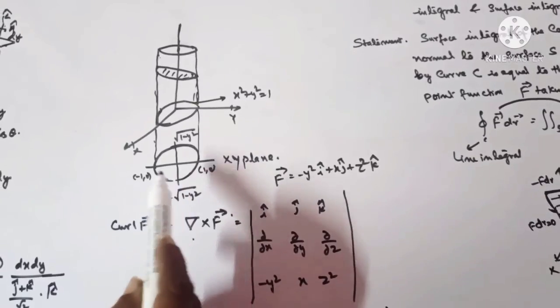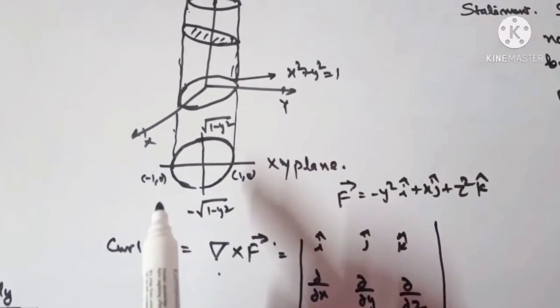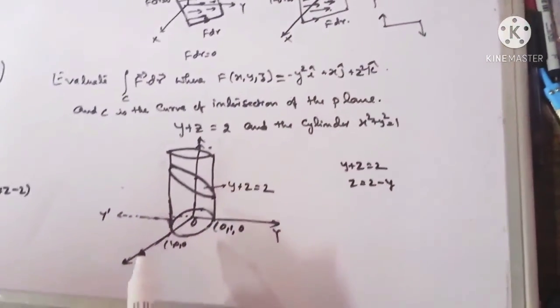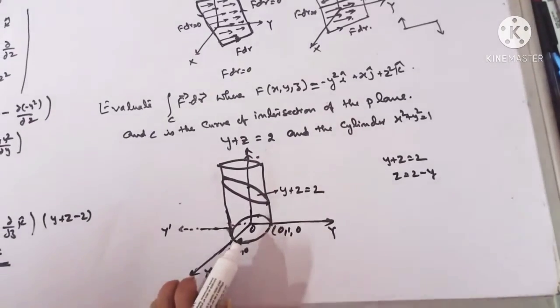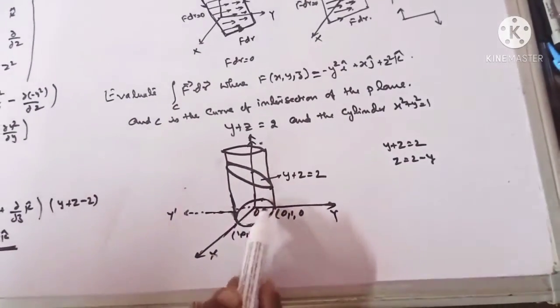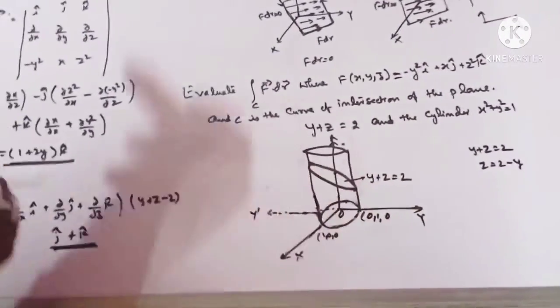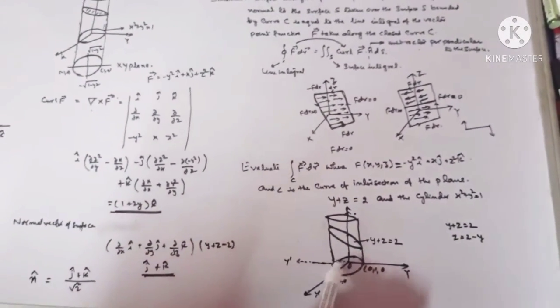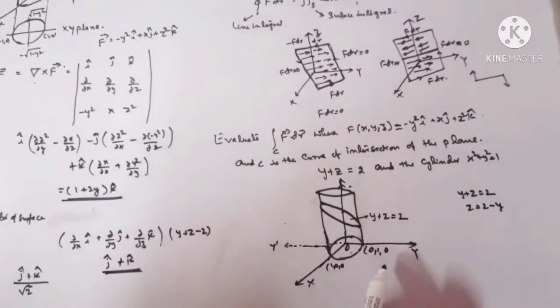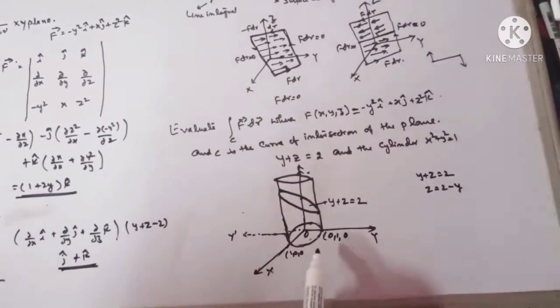You must know this. Since z is 0, the cylinder is above the xy plane, and the base of the cylinder is in the xy plane. The cylinder's base equation becomes x square plus y square is equal to 1.